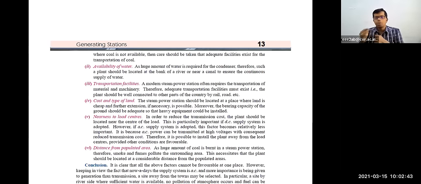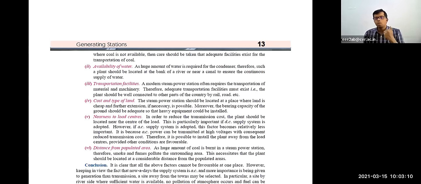That also decreases some cost, because if you dump it into certain places, 1 kilometer apart or 0.5 kilometer apart, that coal has to travel again. Instead of that, they directly take the compartments near to the coal handling plant itself.